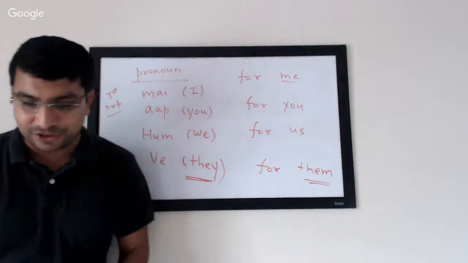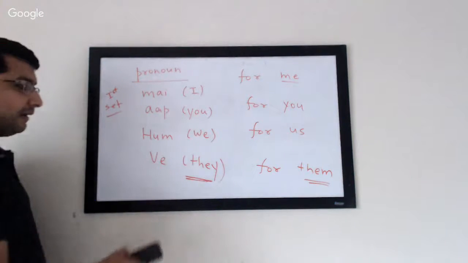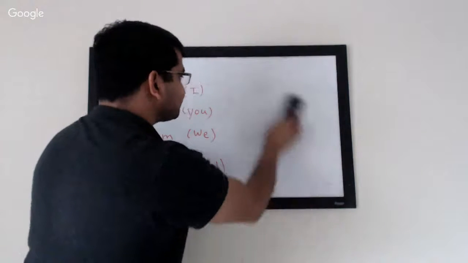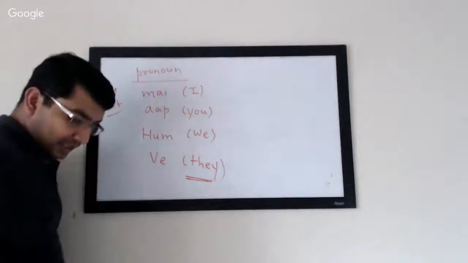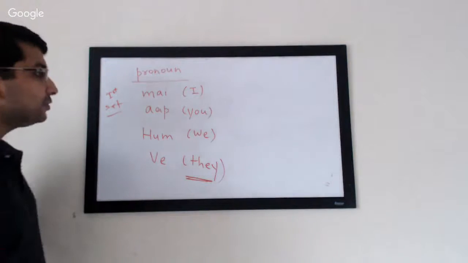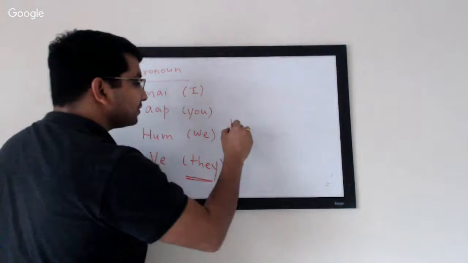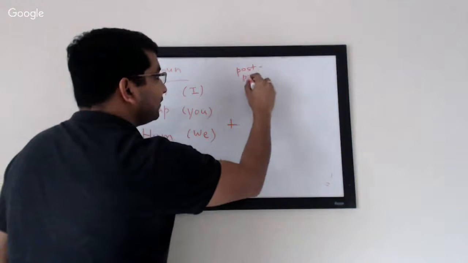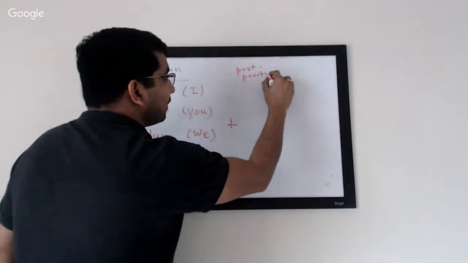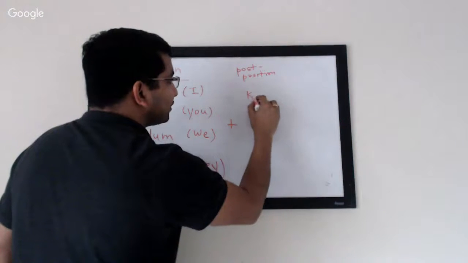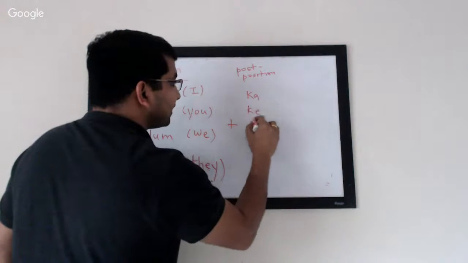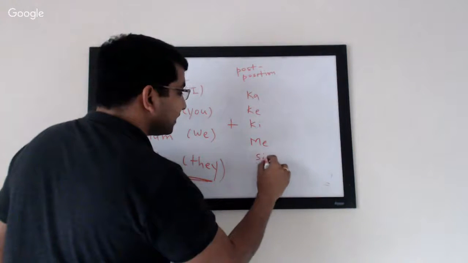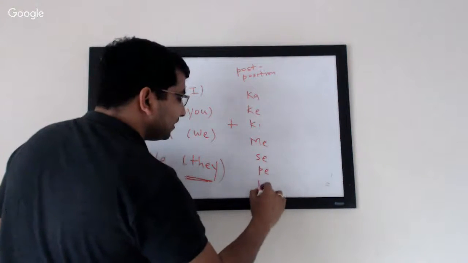Now let's see how this changes, in principle, for pronouns in Hindi. If I were to use any post position, and post positions we have learned, if needed we can always revisit them, the post positions are का, के, की, में, से, पे. A lot of them, right?